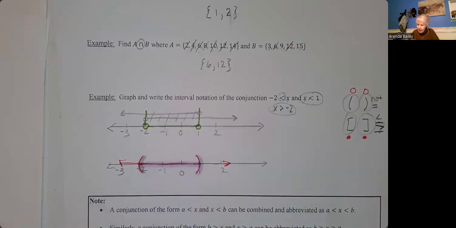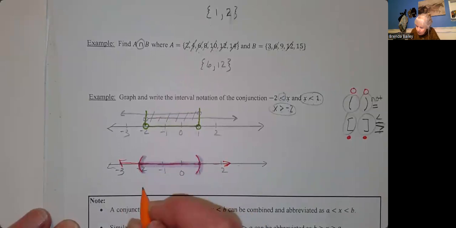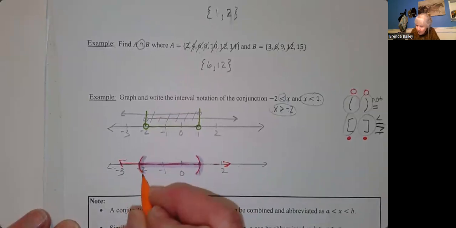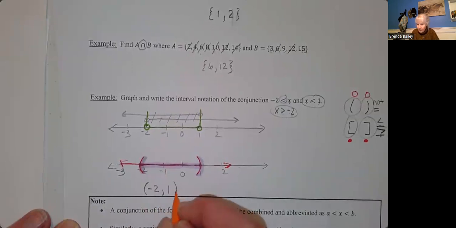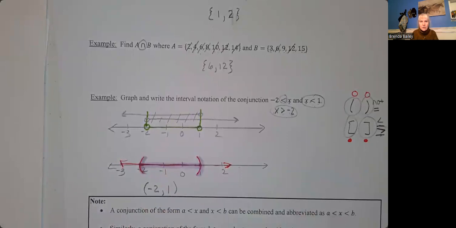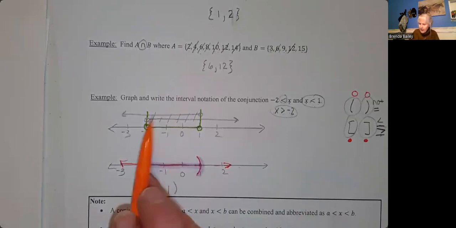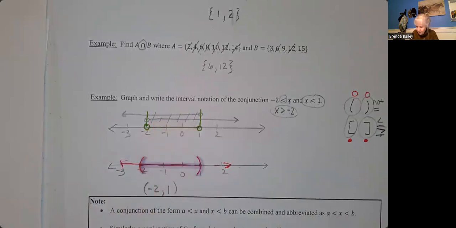Now, interval notation, you go to the furthest left on the graph, which is -2, to 1. And there you go. That is the interval notation solution, between -2 and 1. That would be the common between the two graphs. We kind of explain that in detail up here.